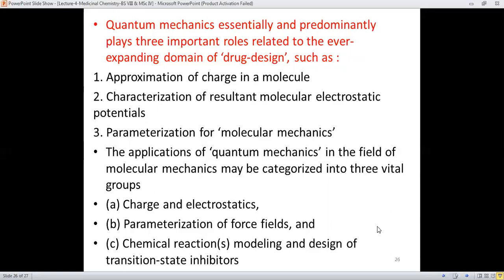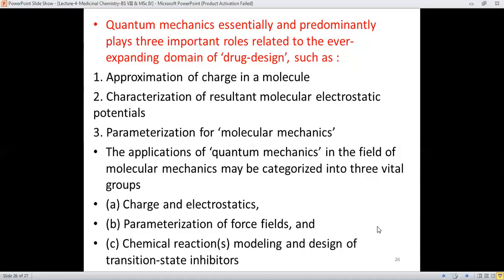And it's the approximation of the charge in the molecule, then the characterization of the resultant molecular electrostatic potentials, because all molecules are producing potential, and parameterization of the molecular mechanics.